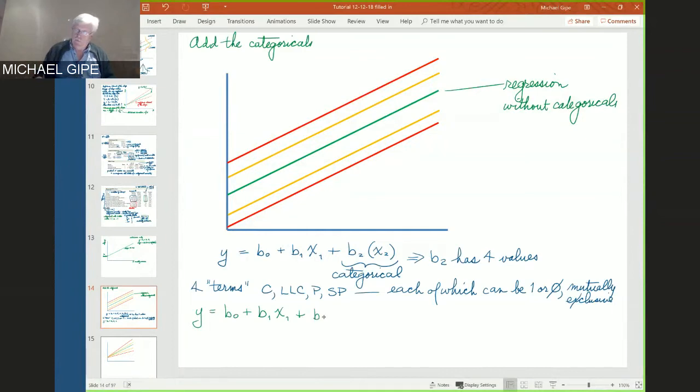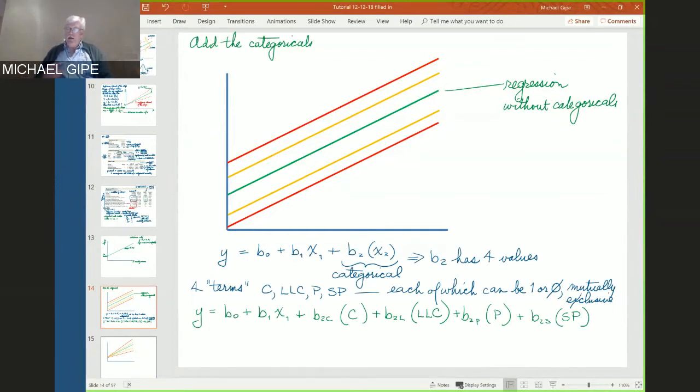So B2 for a C Corp times the value of the variable C plus B2 LLC for the limited liability corporation plus B2P for the partnership plus B2S for the sole proprietorship.